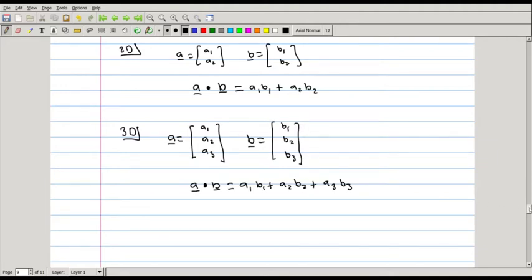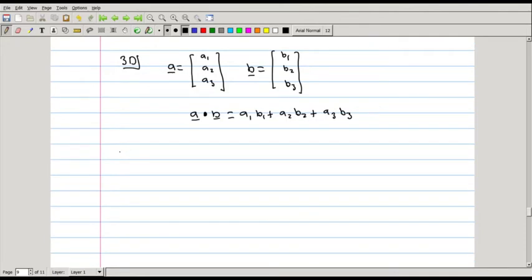So this is something that can directly be defined in n-dimensional Euclidean space.